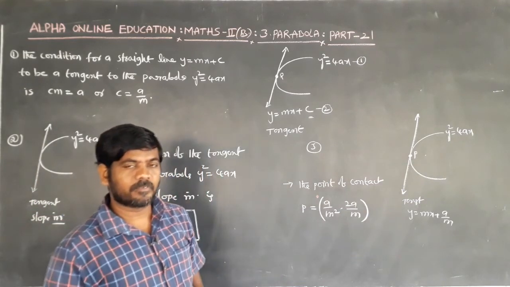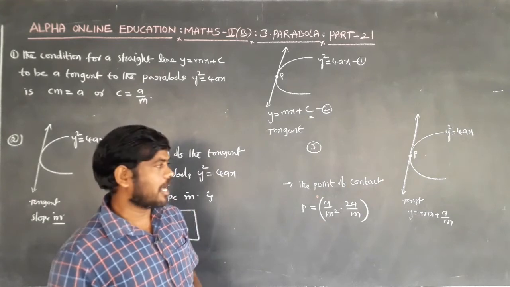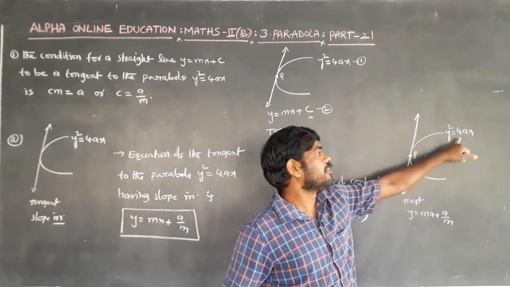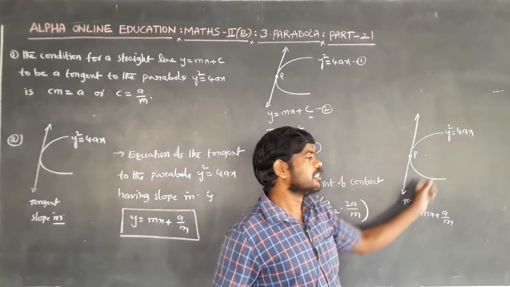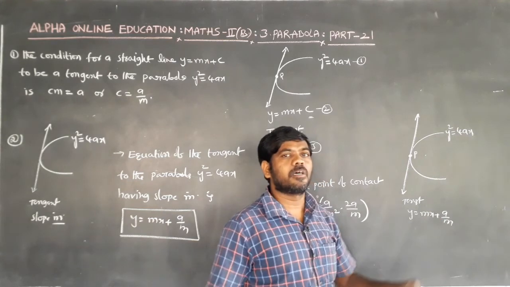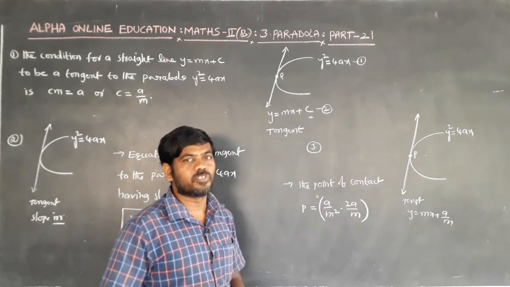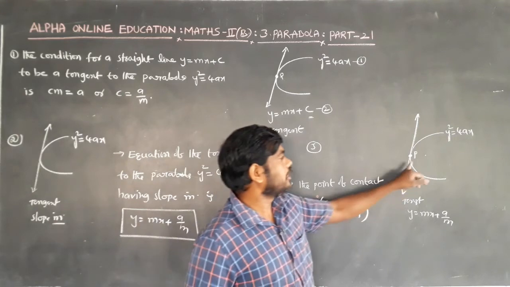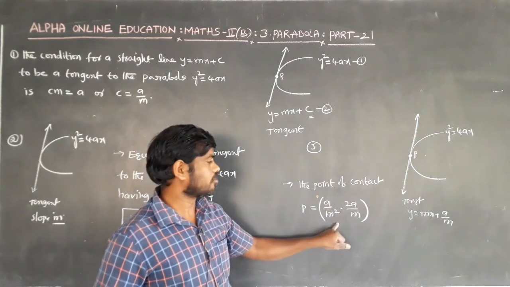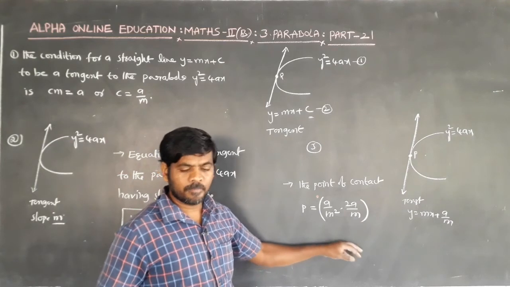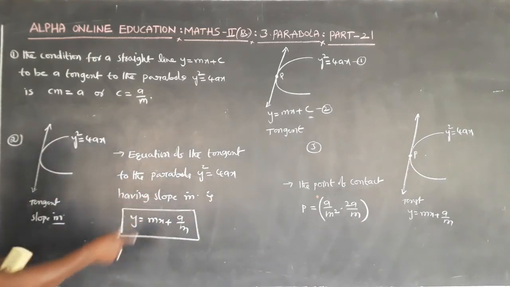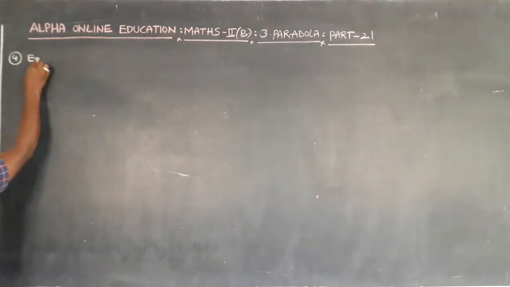This is the equation of the parabola y square is equal to 4x, and this is the equation of the tangent to it. So the point of contact P is equal to a by m square comma 2a by m. This is the third formula.